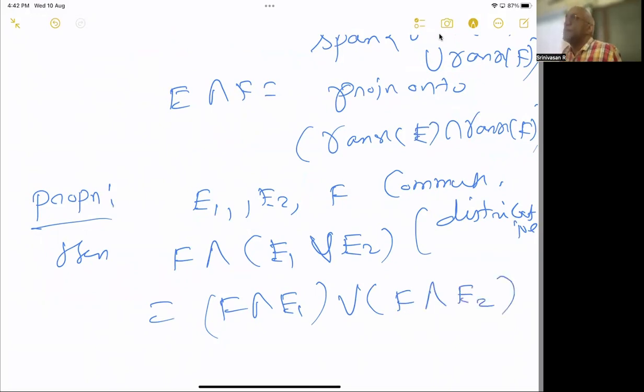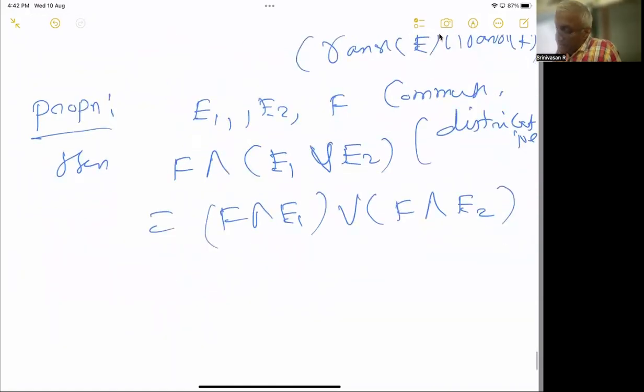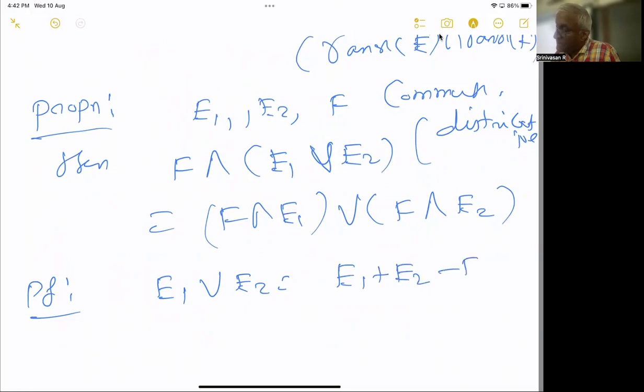Of course, for sets it's certainly true. This is true for spaces also. That is because of the proof, if they commute, E1 sup E2 is nothing but E1 plus E2 minus E1 E2. You can take it as the definition if you want.